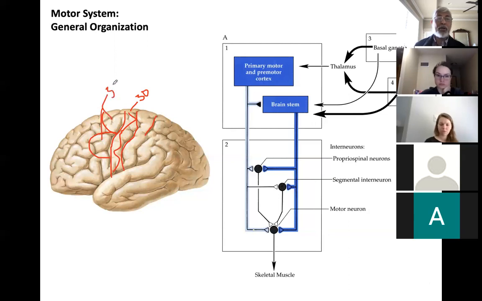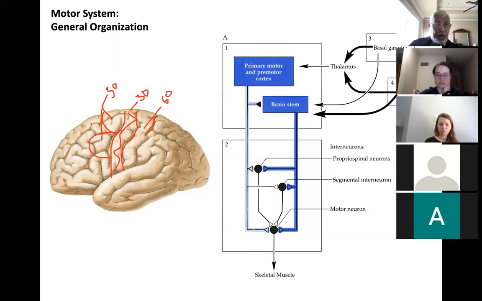Now 60% of the fibers of the corticospinal tract will arise from the sensory area. Even though this is a sensory area, 60% of the fibers come from it. So you can imagine how important the input of the sensory area is for motor function.